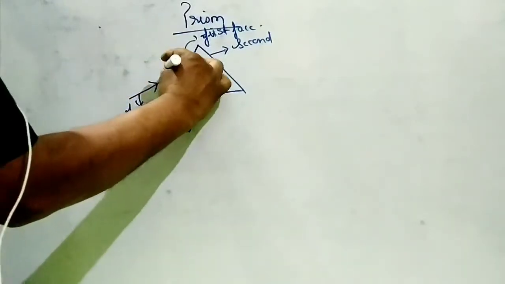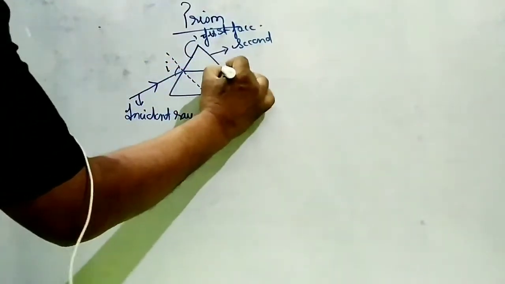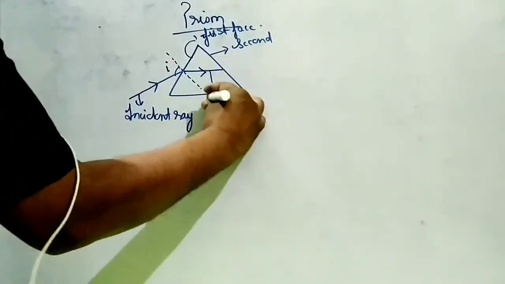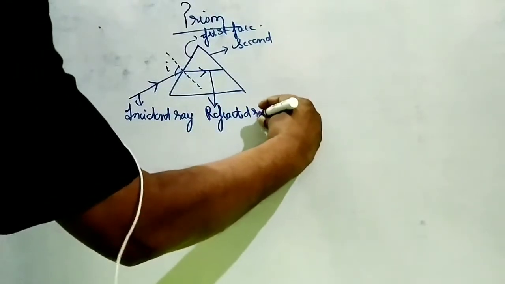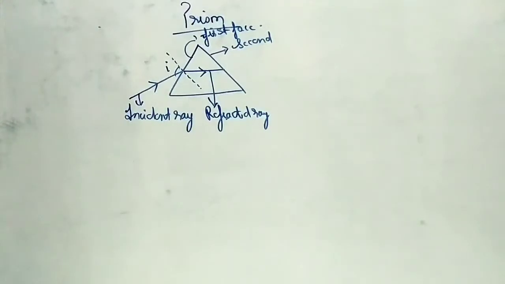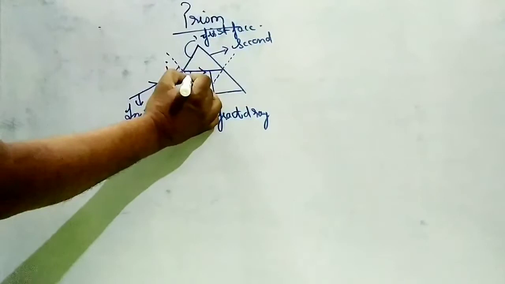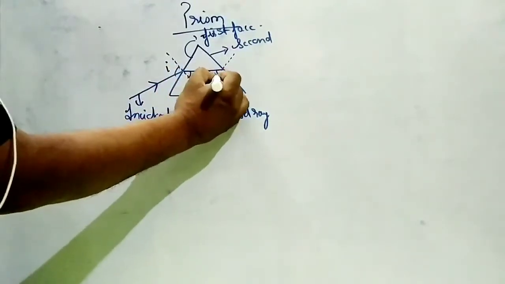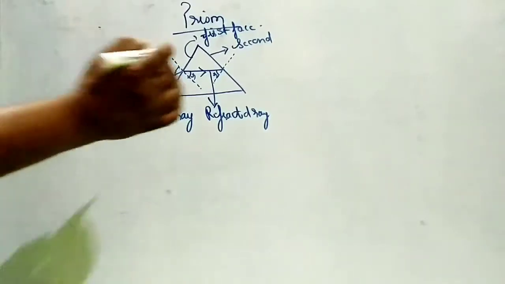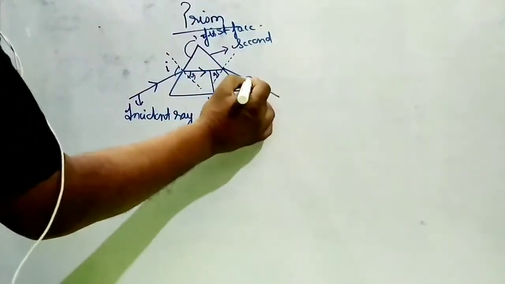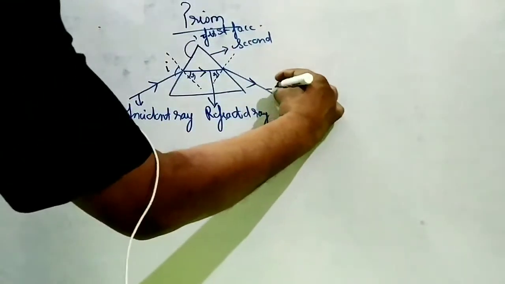This angle is called I. When the light gets refracted, this ray is called the refracted ray. The refracted ray strikes the second face of the prism and it forms the angle of refraction R. When it strikes the second face of the prism, again it gets refracted and the emergent ray is produced.